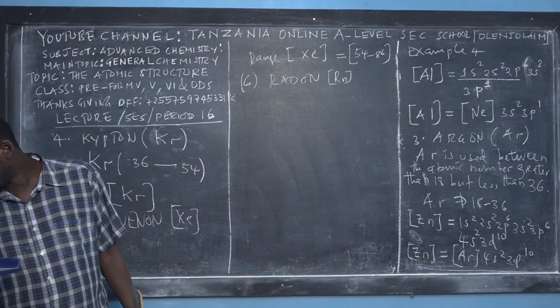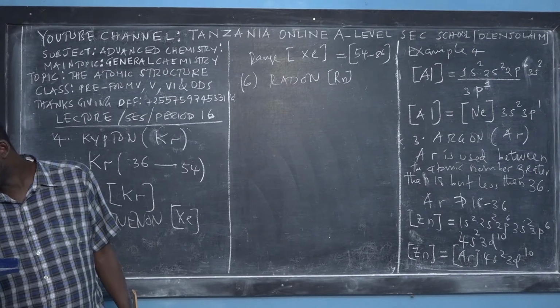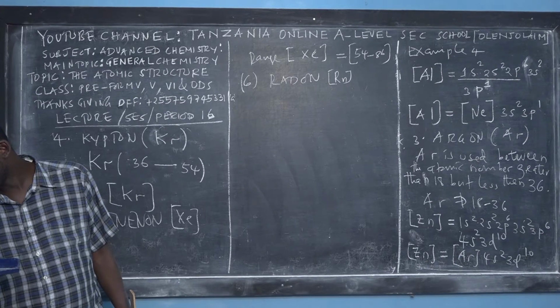It's used to shorten those ones. But this is used for the first 86 electrons, for an atom whose atomic number is greater than 86.